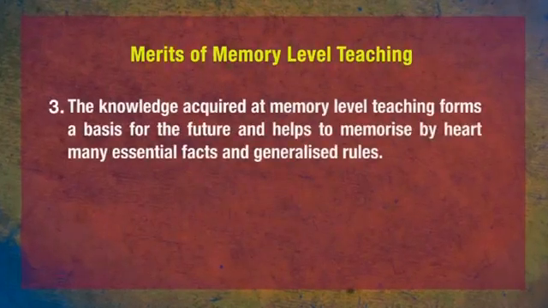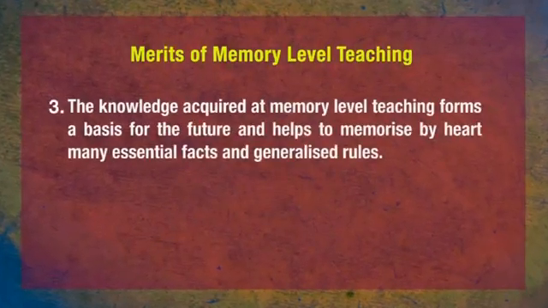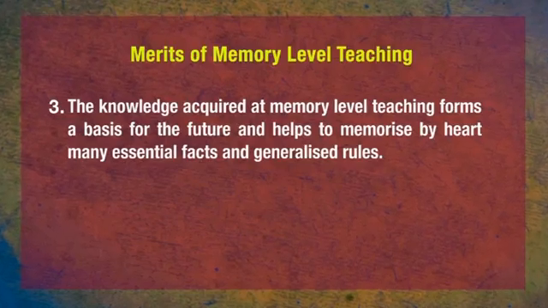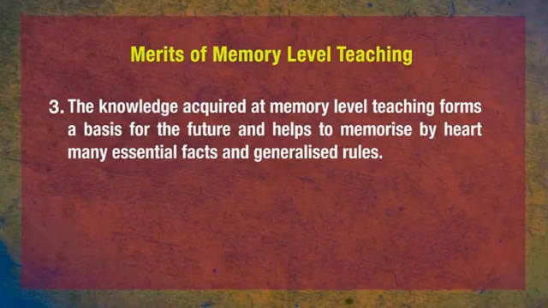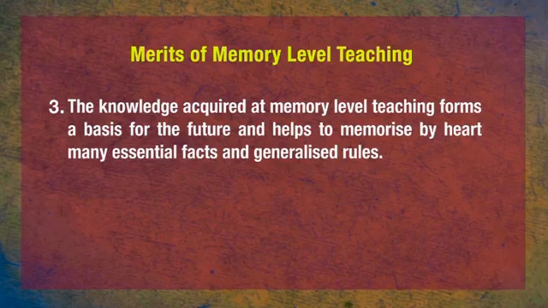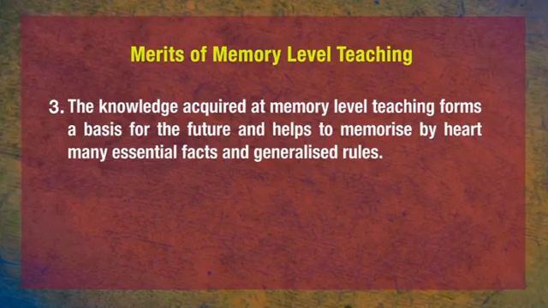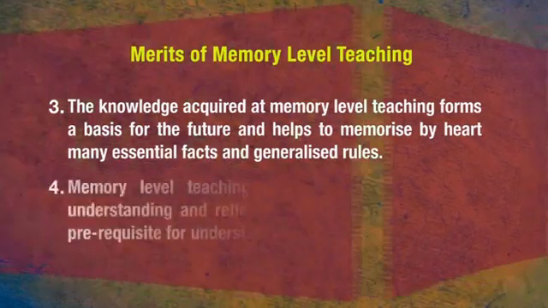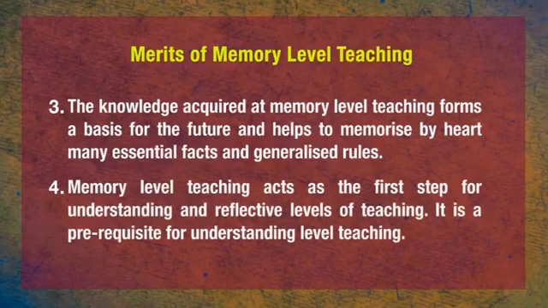The knowledge acquired at memory level teaching forms a basis for the future and helps to memorize by heart many essential facts and generalized rules. Number 4. Memory level teaching acts as a first step for understanding and reflective levels of teaching. It is a prerequisite for understanding level teaching.